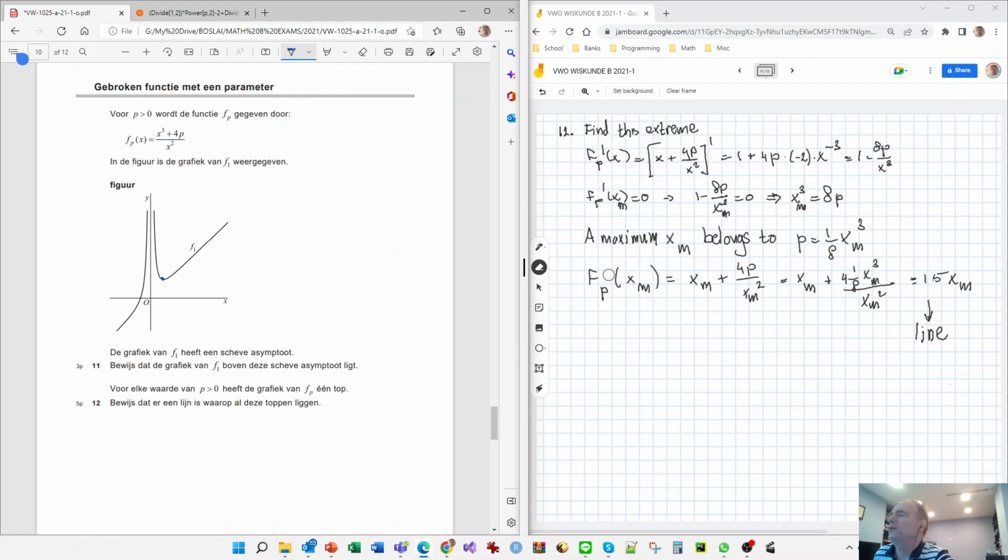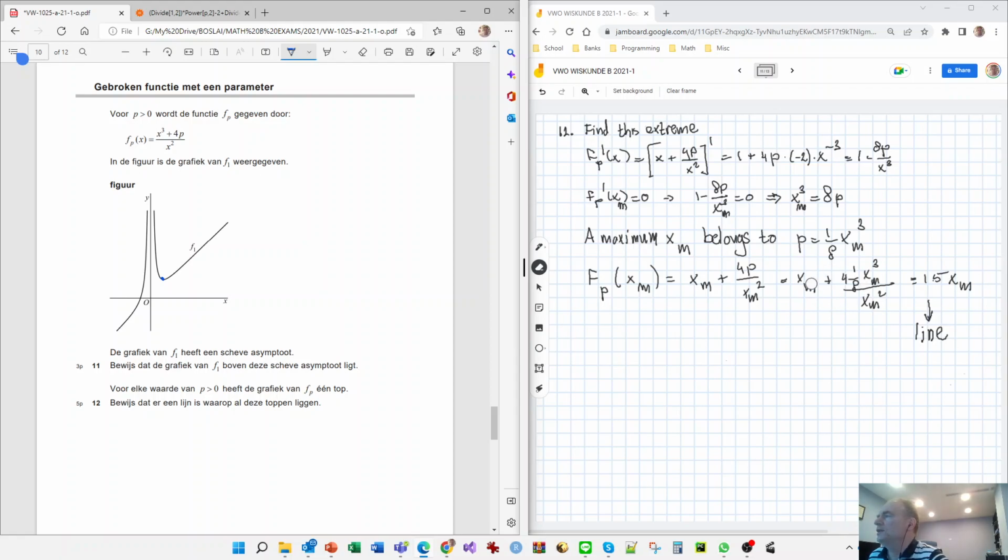So then, okay, what is the y value? So we know the x value. What's the y value? We need to substitute this extreme in the function. So we get x_m plus 4p over x_m squared. And then we also know that p and x_m are related in this way, because this is actually the x-coordinate of the extreme that belongs to the p given here.